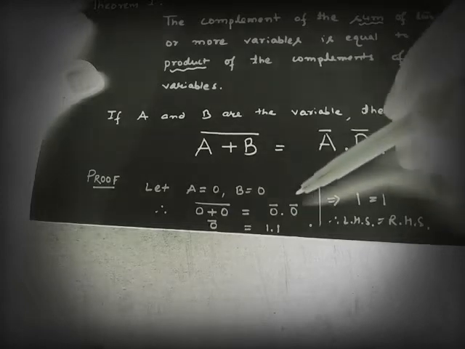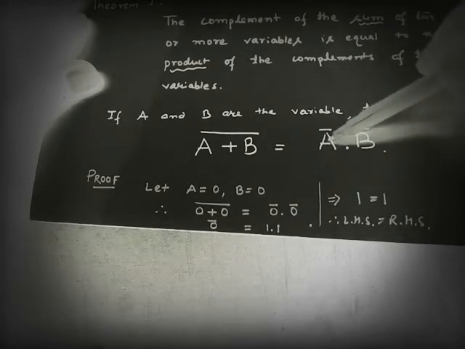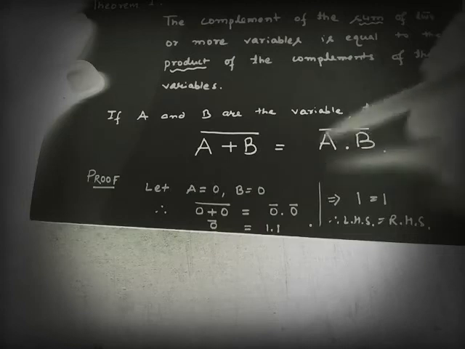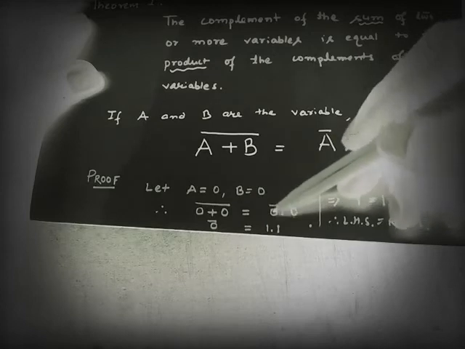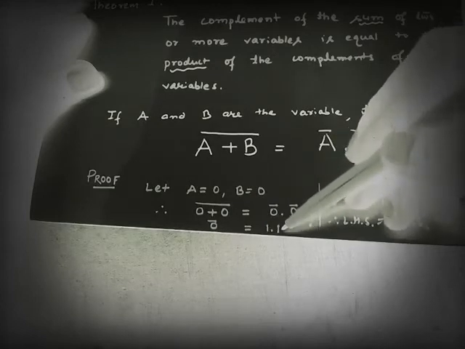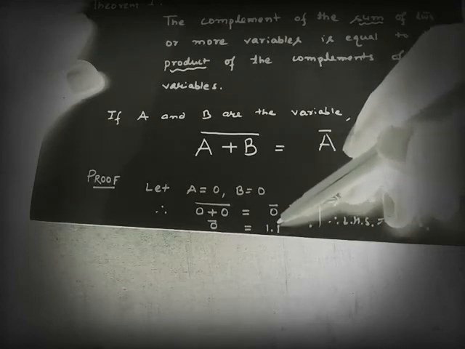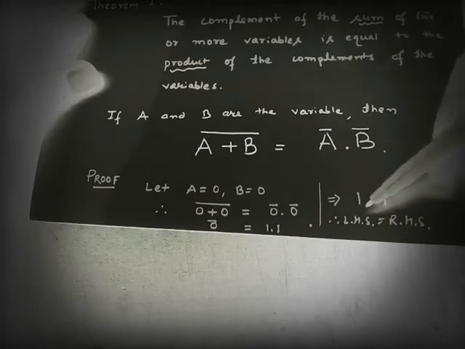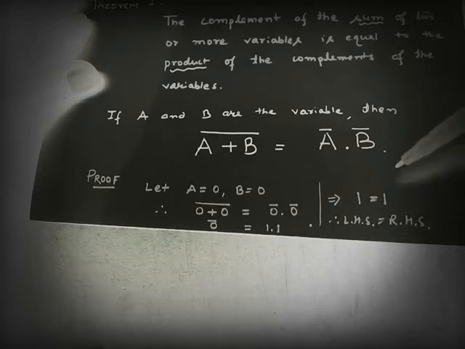On the right side, putting the value of A as 0 and B also 0, the complement of 0 becomes 1, the complement of 0 becomes 1, and 1 multiplied by 1 becomes 1. So we find that LHS is equal to RHS.